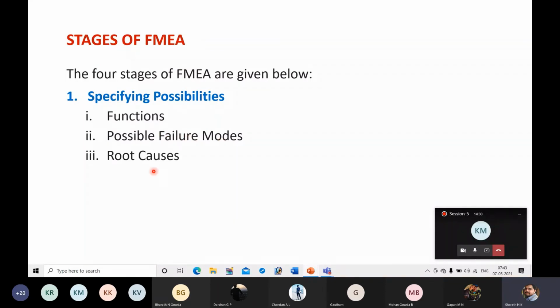Next, root causes. What are the reasons for failure? Next, effects. If there's a failure, what are its effects? It may be effects on the customer, it may be effects on the brand value of the company, or market penetration. Next, detection or prevention.